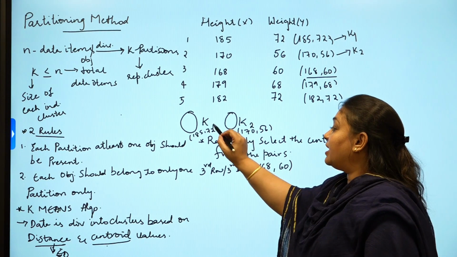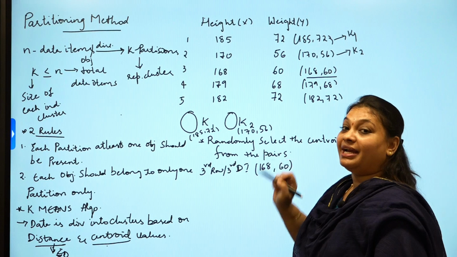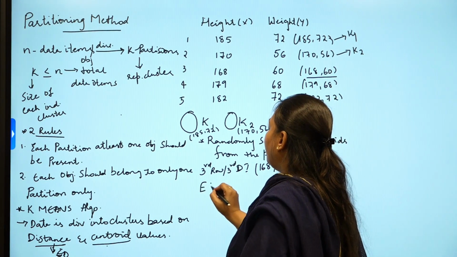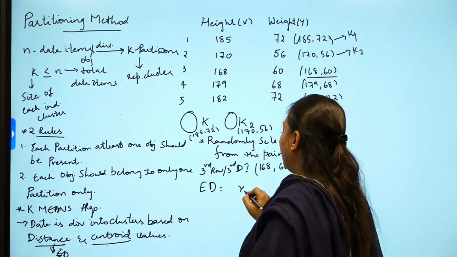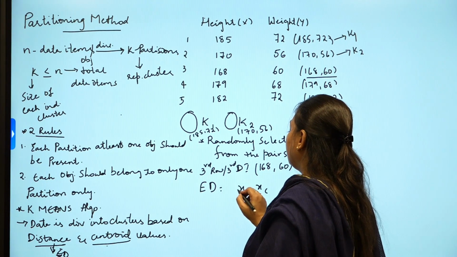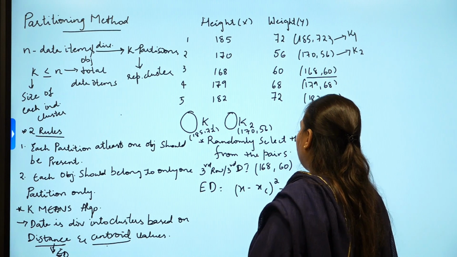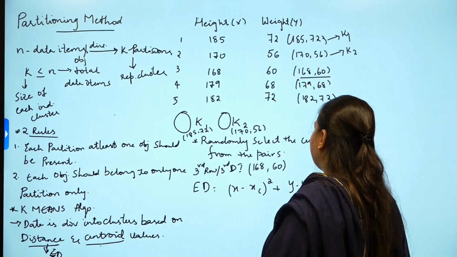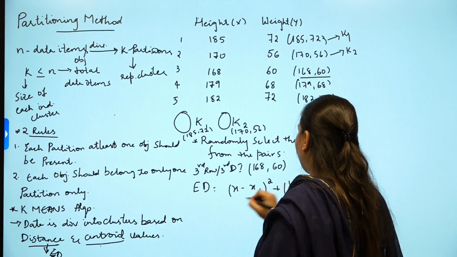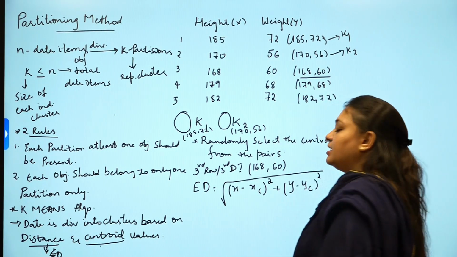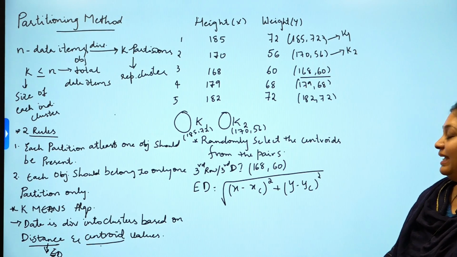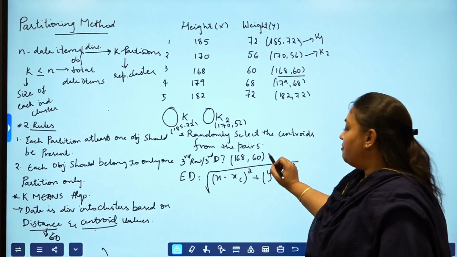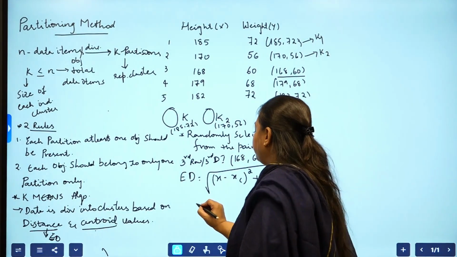Is it K1 cluster or K2 cluster? To find that, I will use my ED. What is the formula for ED? It is the square root of (X minus X centroid) squared plus (Y minus Y centroid) squared. This is my formula for ED. Now I have the third row. Now what is my K1?